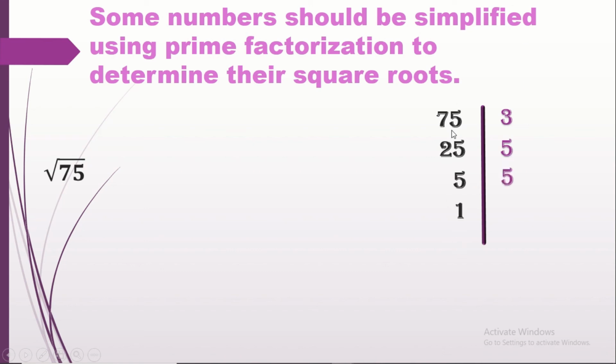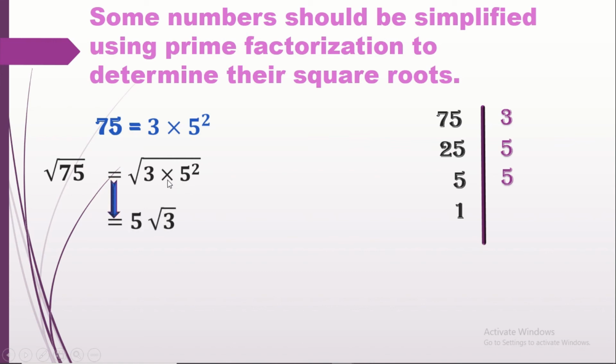So here we can say that 75 is 3 times 5 squared. Now we can replace 75 by 3 times 5 squared. Here we have 5 squared. The square will cancel the radical, so we can write 5 directly outside the radical, only in this case since we have times. So it's equal to 5 radical 3. Sure, 3 remains below the radical since it's not squared.